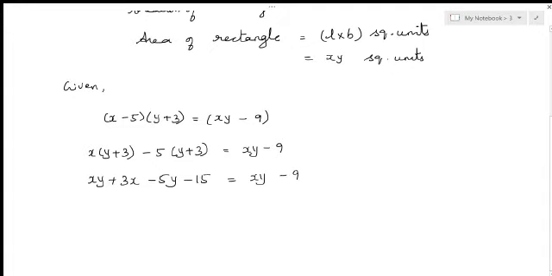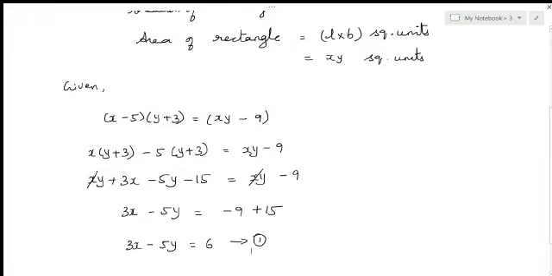So here xy will get cancelled. So 3x minus 5y equal to minus 9. When you take minus 15 to the other side, plus 15. So 3x minus 5y equal to minus 9 plus 15, which gives us 6. Let this be equation 1.